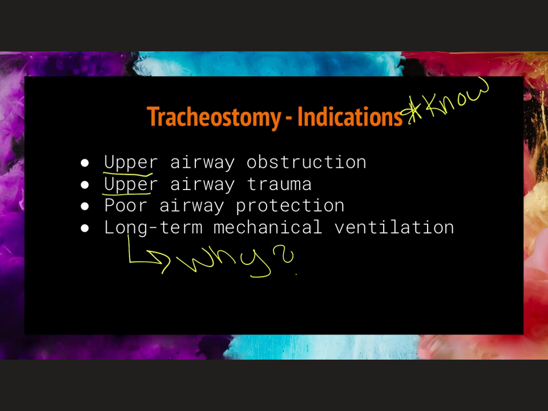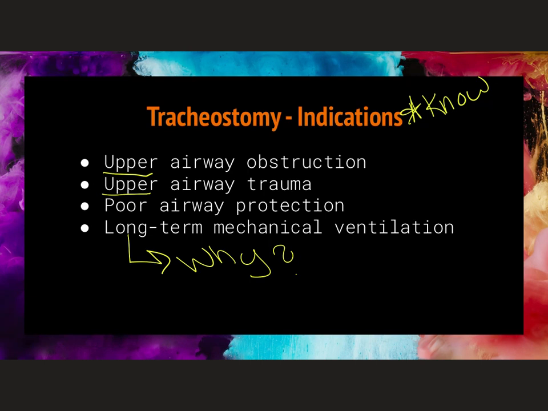Okay, so some benefits of having a trach if a patient's going to be on a mechanical ventilator for a long time. Well, we're going to eliminate vocal cord injury. If a patient has an endotracheal tube, it goes through their mouth, down in between the vocal cords, and then it sits 2 to 5 centimeters above the carina.